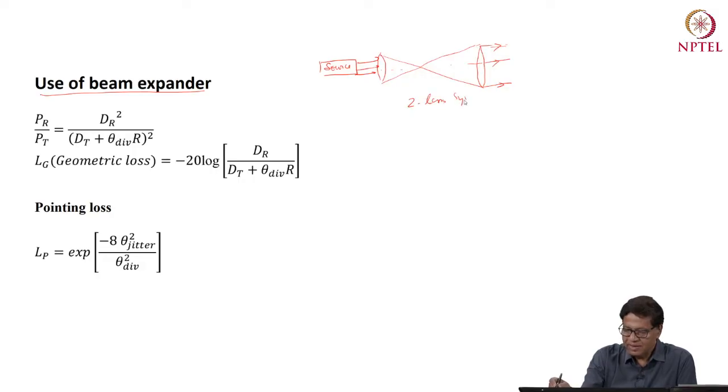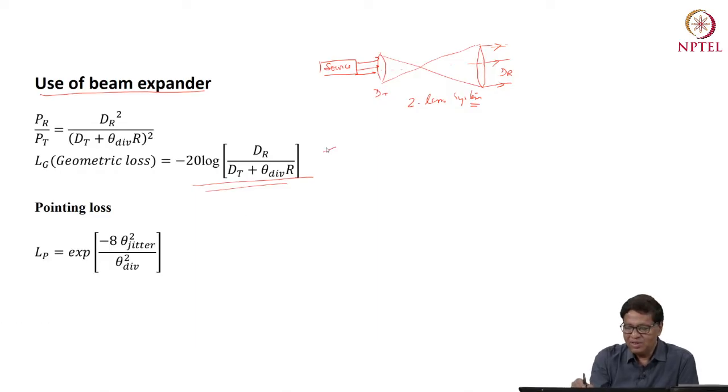And if I calculate the ratio of PR and PT, so PR actually will be proportional to dr square. This is dr here. And PT will be dt, that is, this is dt plus divergence angle into r whole square. And if I calculate the geometric loss, it will give me minus 20 log dr divided by dt plus theta div r.